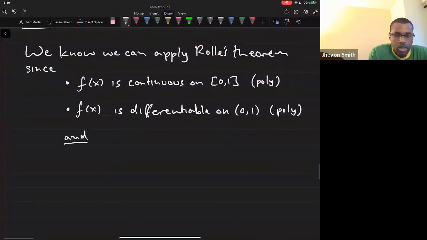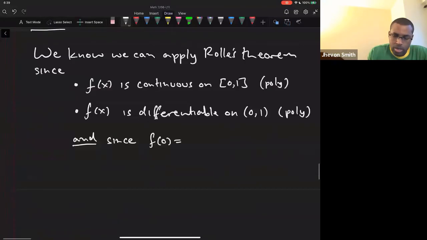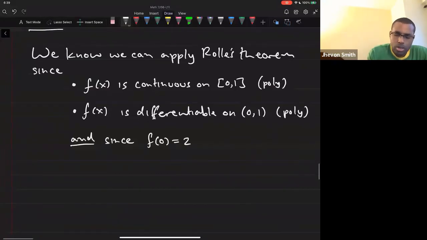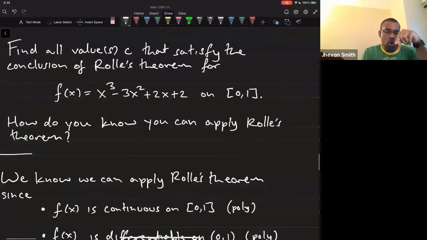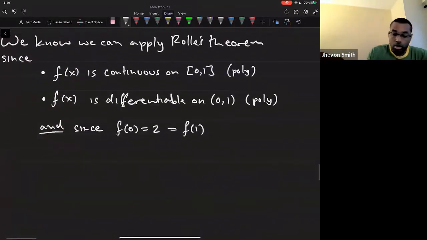And if I were to take f of 0, I would get 2. If I were to take f of 1, that'd be 1 minus 3 plus 2 plus 2. It's like 4 minus 3 is 1 plus 1. I would also get 2.